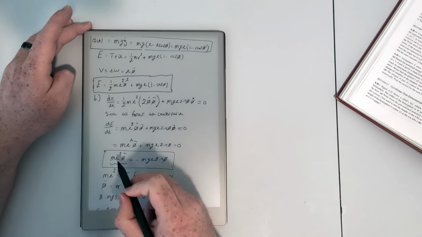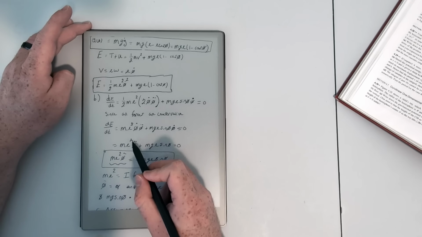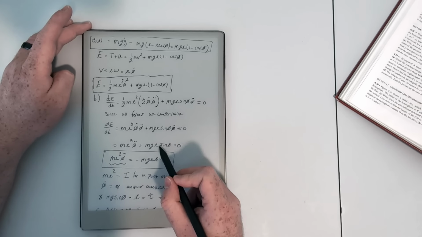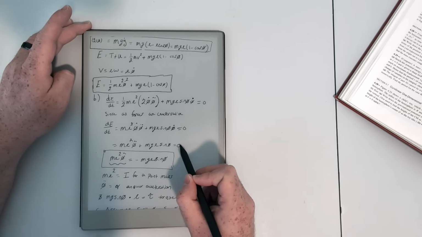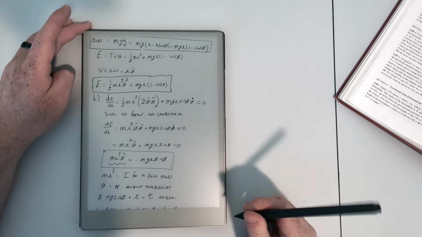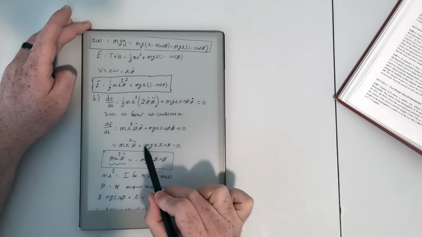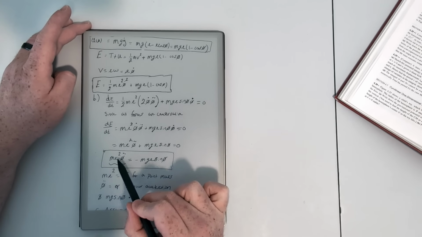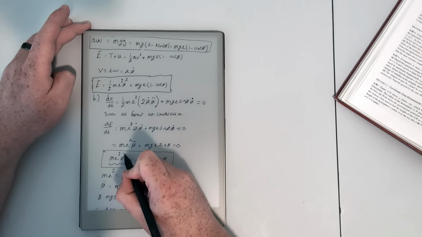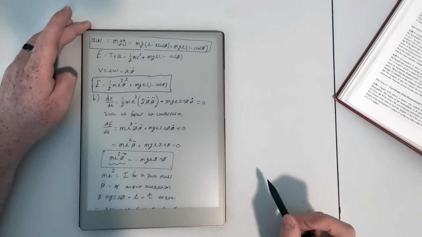So right now we're just going to cancel the phi dots, and we get mL squared phi double dot plus mgL sine phi is equal to 0. We're going to keep the constants around because we need them to get this into the right expression. And then we can move one of the terms over, so we get mL squared phi double dot is equal to minus mgL sine phi.